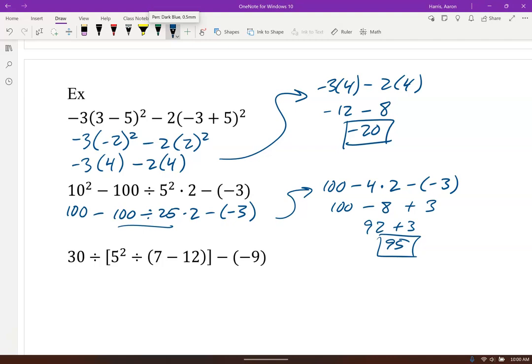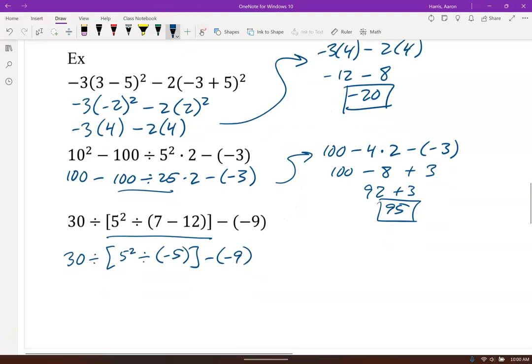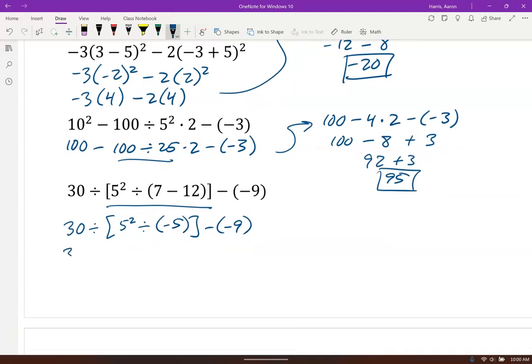Now, this one, I'm going to go into my parentheses here, and inside my parentheses, I'm going to do my order of operations. So notice I have 7 minus 12. So I'm going to do that. And then I'm going to keep going inside my parentheses here. I have my exponent.